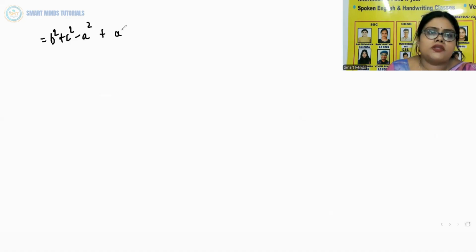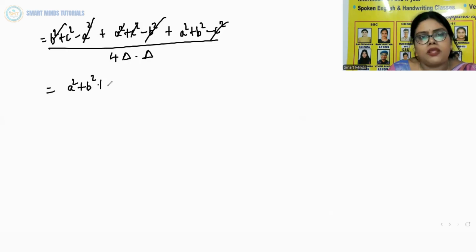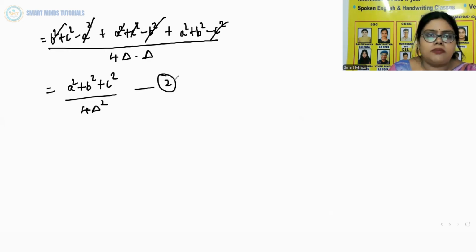Now we will take the LCM, or let us add all the numerators together, by 4 delta, and already one more delta is in the denominator. Now a square minus a square, b square minus b square, c square minus c square cancel. So that is a square plus b square plus c square by 4 delta square. This is equation number 2.